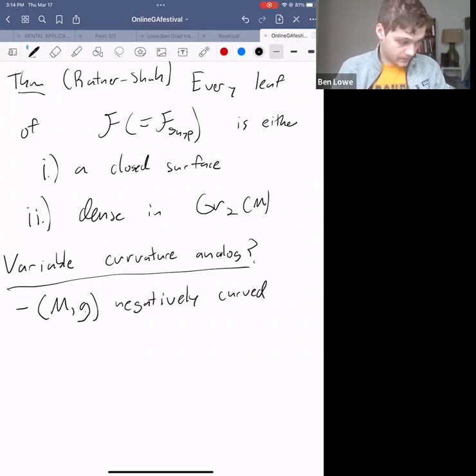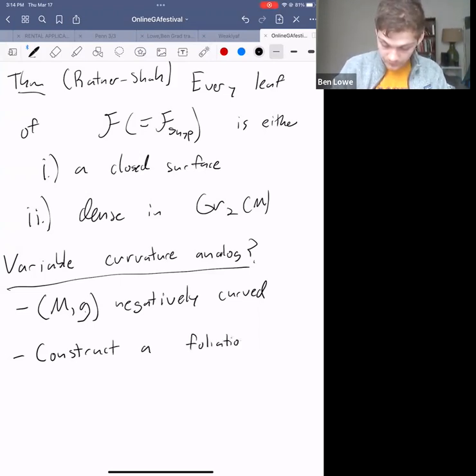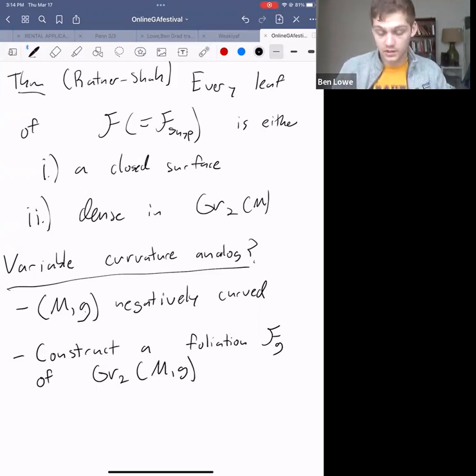But what I'm able to do is to construct a foliation, which we'll call F sub G, of the Gaussian bundle of tangent two planes to M. Kind of thinking of the metric G in the background, although as a topological space, this doesn't make any difference.